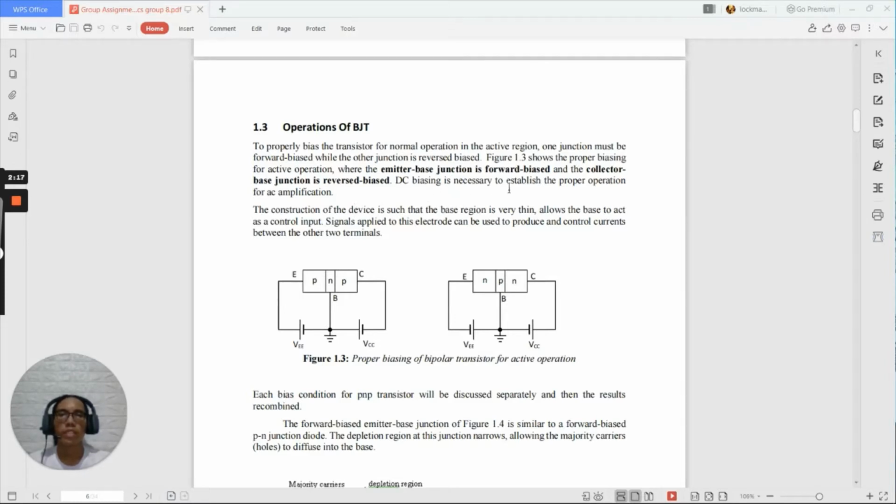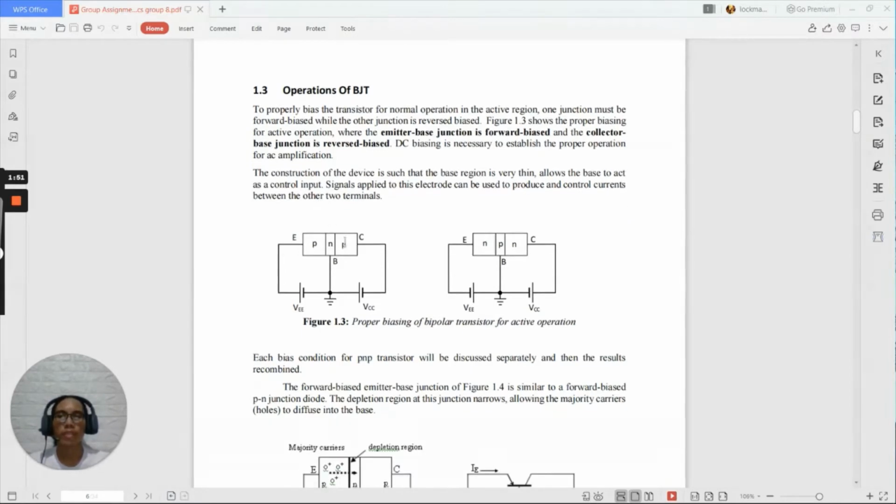DC biasing is necessary to establish the proper operation for IC amplification. The construction of the device is such that the base region is very thin, which allows the base to act as a control input. Signals applied to this electrode can be used to produce and control currents between the other two terminals.